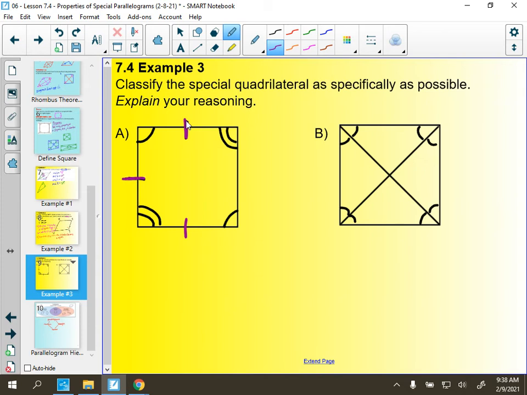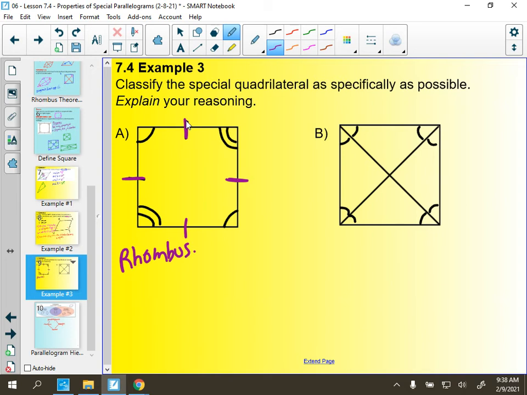If this has a single tick mark, this has to have a single tick mark. So I'm able to add a little bit in that case. I wouldn't always be able to do that, but in this case, because we justified that it was a parallelogram, we were able to move those markings around a little bit. So yeah, absolutely, we should say rhombus for this one. It's got to be a rhombus.